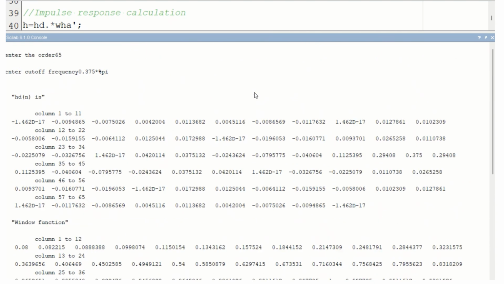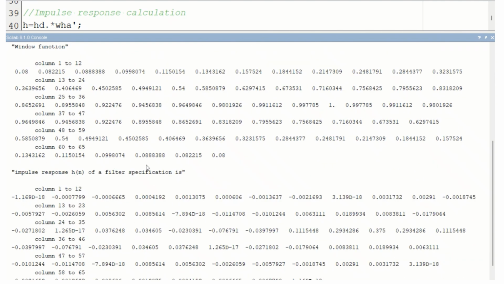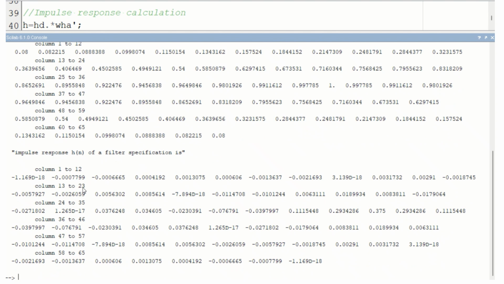Right? So as we can observe, hd of n values are being calculated over here, and after this is the window function values that have been calculated, and this is the final impulse response that has been calculated. And as we can observe, here is the highest value, that's the midpoint 0.375, and on either side of it, it's the similar values, and what we had gone through in the theory calculation.